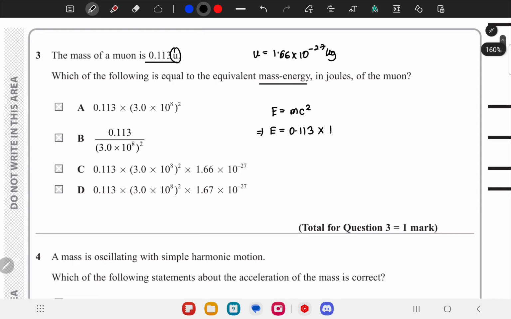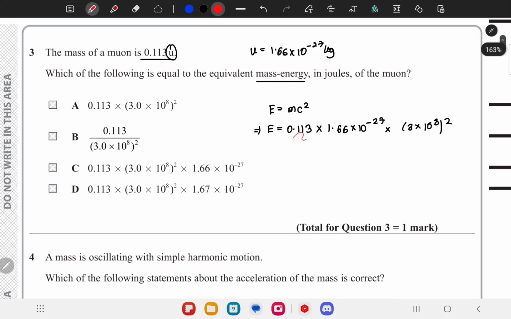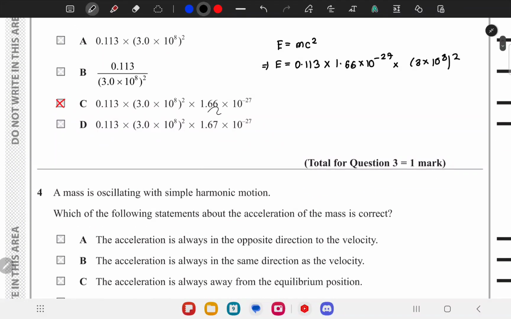So this is the mass in kilograms. And then we multiply by the speed of light in vacuum squared. So option C is our answer. The rest do not match.